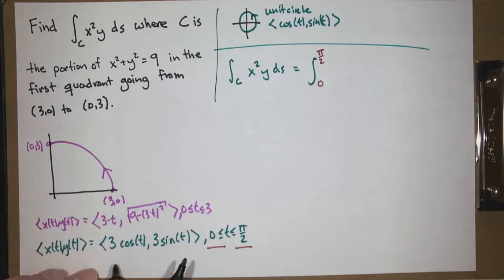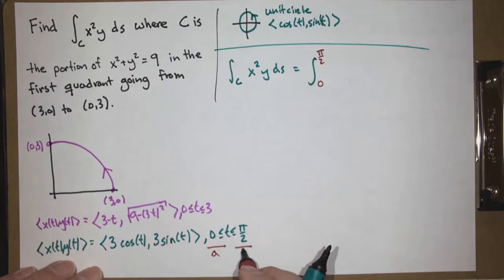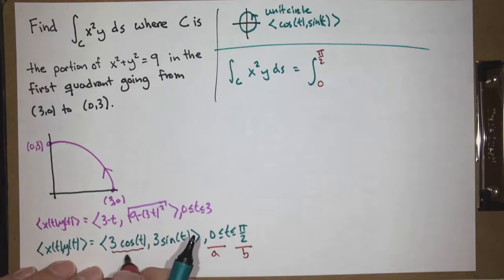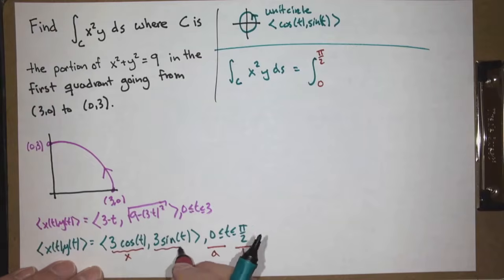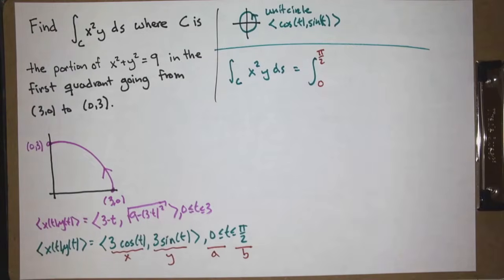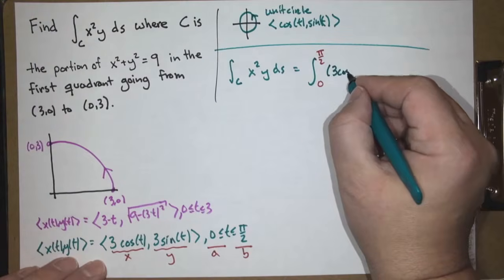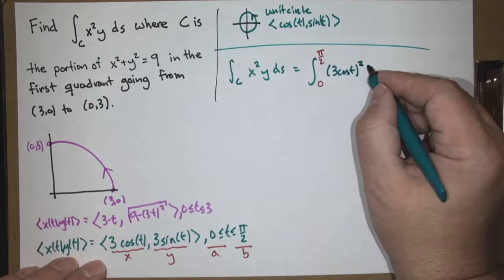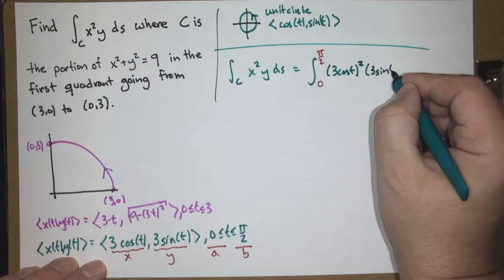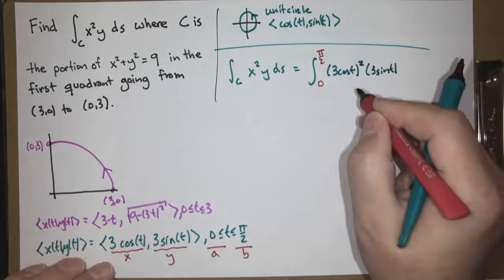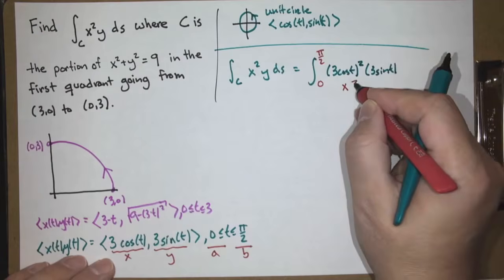Our x is 3 cosine t, our y is 3 sine t. And so we're going to have (3 cosine t) quantity squared, times 3 sine t. So this is our x squared y.